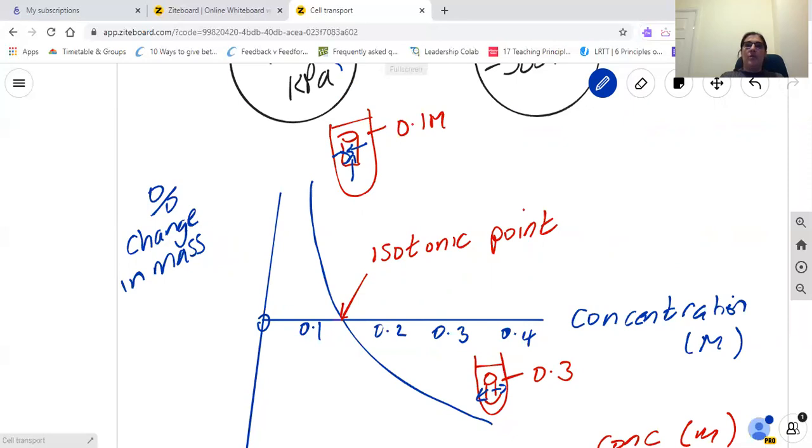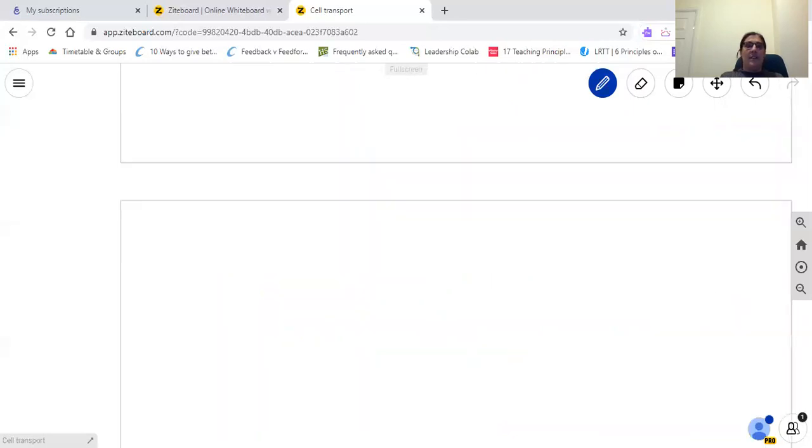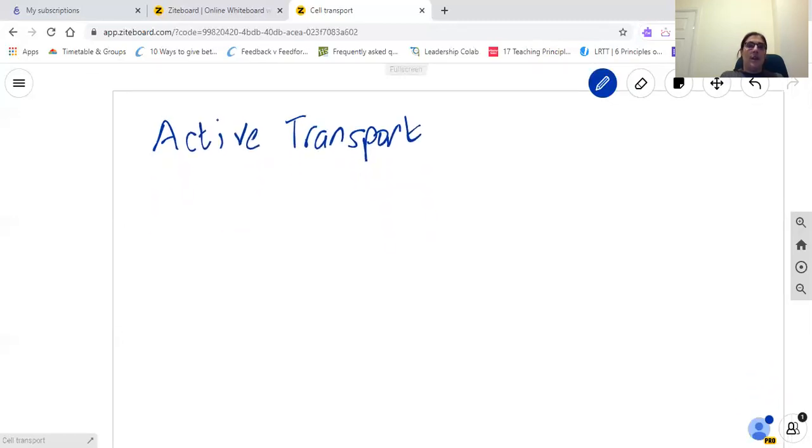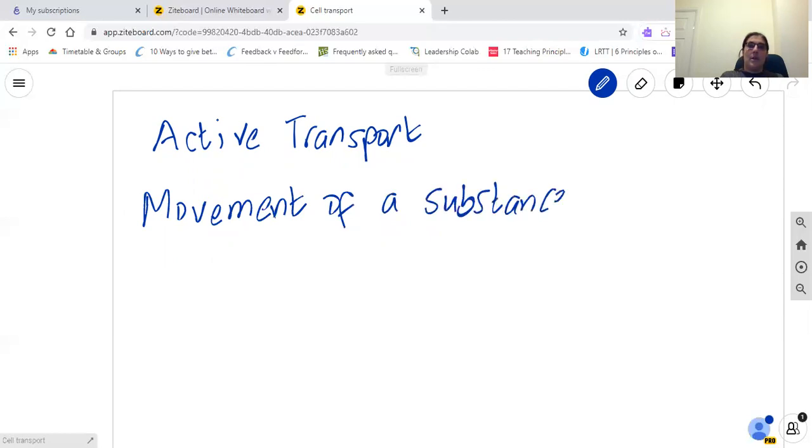Okay, we then go on to active transport. Now, active transport is the movement of a substance against its concentration gradient.